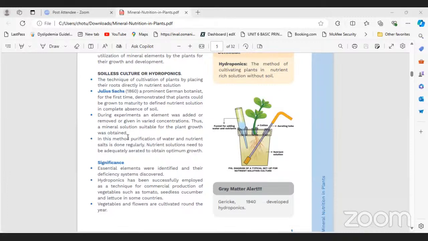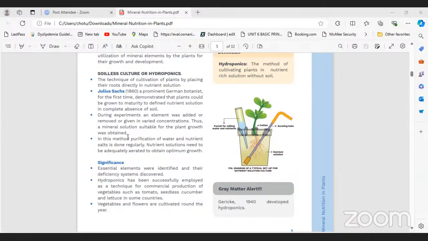Of the 16 elements listed above, carbon, hydrogen, oxygen, nitrogen, sulfur, phosphorus, potassium, magnesium, calcium, and iron are required by the plants in large quantities and are hence known as major elements or macro elements. CHO, NSPK, MgCaFe.